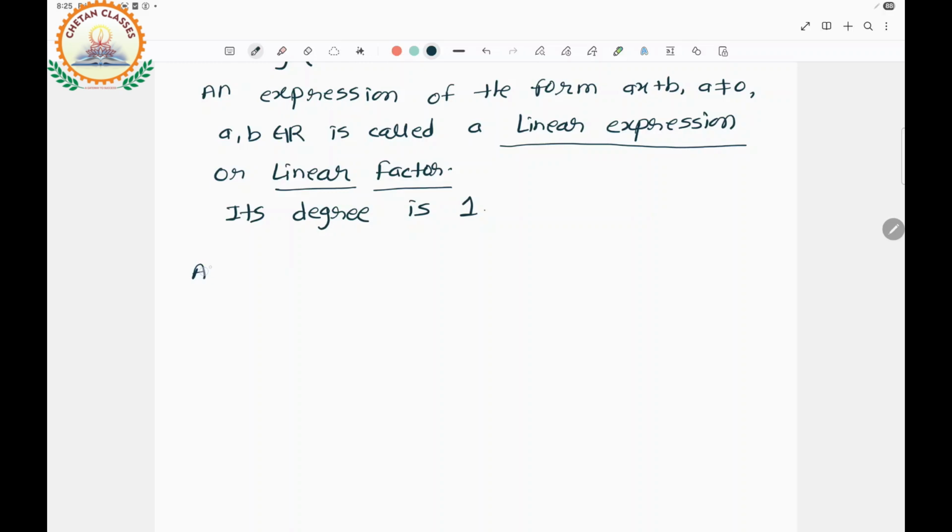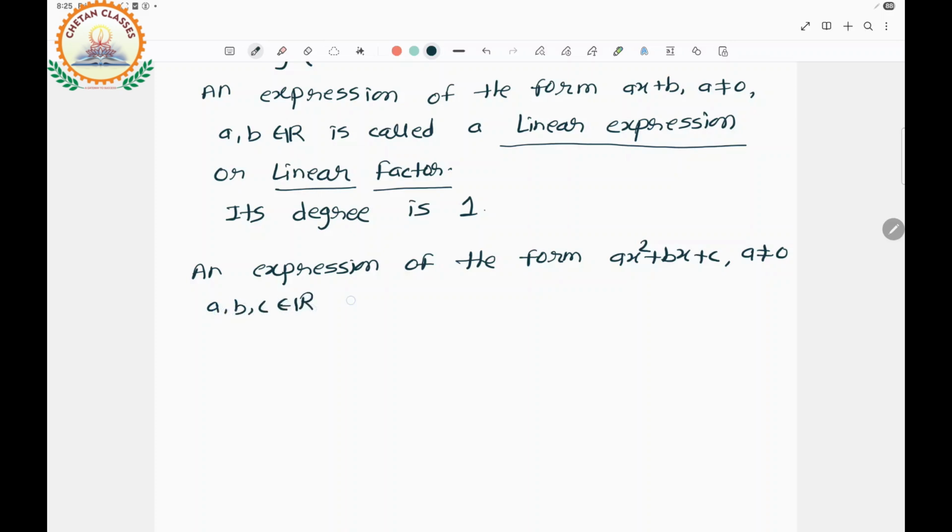Next, an expression of the form ax square plus bx plus c, where a is not equal to 0 and a, b, c belongs to real number, is called quadratic expression.